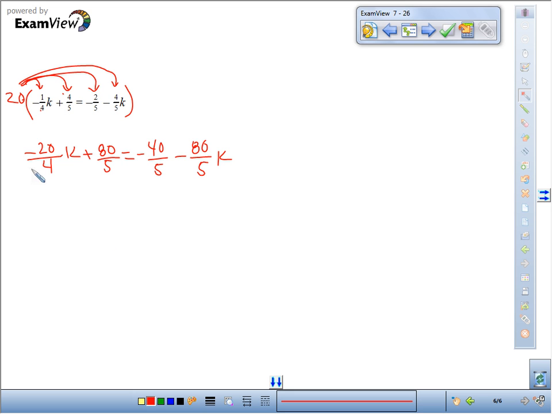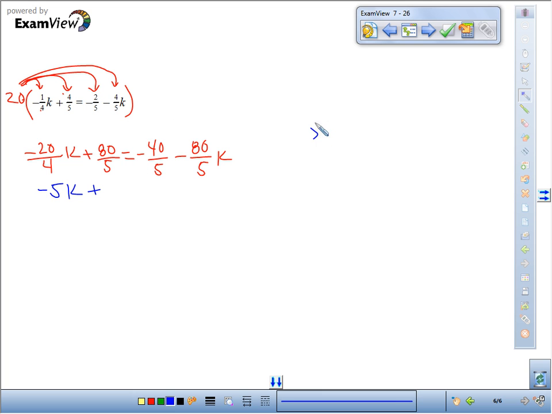Okay, so you guys notice that the denominators did not change? Just remember, the denominators do not change, only everything else does. Now we can simplify. What is negative 20 divided by 5, divided by 4? Negative 5k plus 80 divided by 5. Let's do our long division.